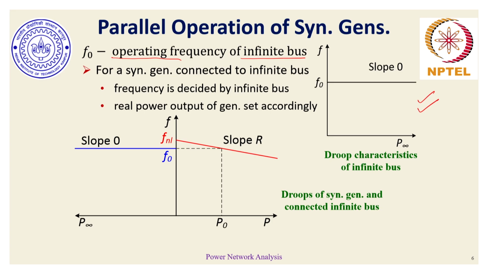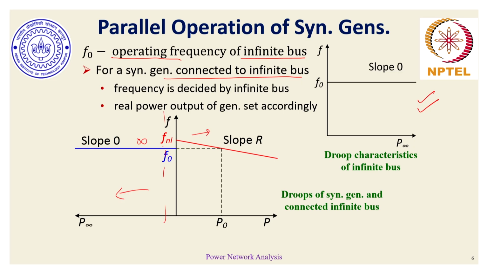If now we connect a synchronous generator to an infinite bus, and after synchronization we want to find what should be the power output of the synchronous generator, then this power output can essentially be determined by the common operating point dictated by the droop coefficient of the infinite bus, which is the plot on the left hand side over here, and the right hand side is the droop characteristic of the physical synchronous generator.